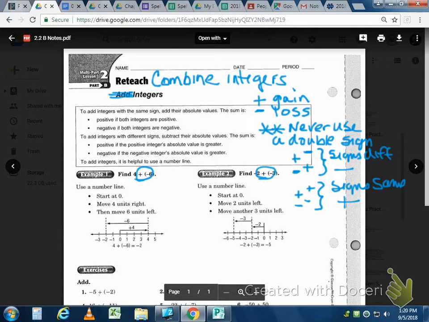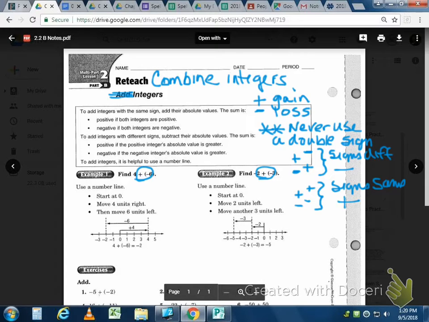So we should never attempt to do a problem that has two signs side by side. It's too confusing. It will result in an incorrect answer more often than not. So no double signs. If they're the same, you make it a plus sign, and if they're different, you make it a minus sign.